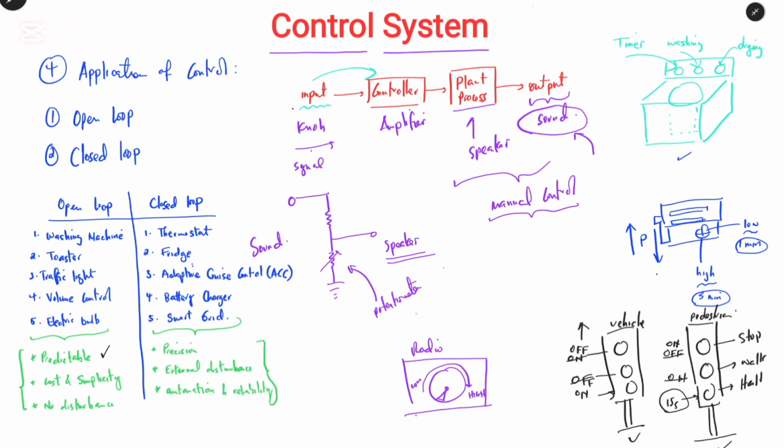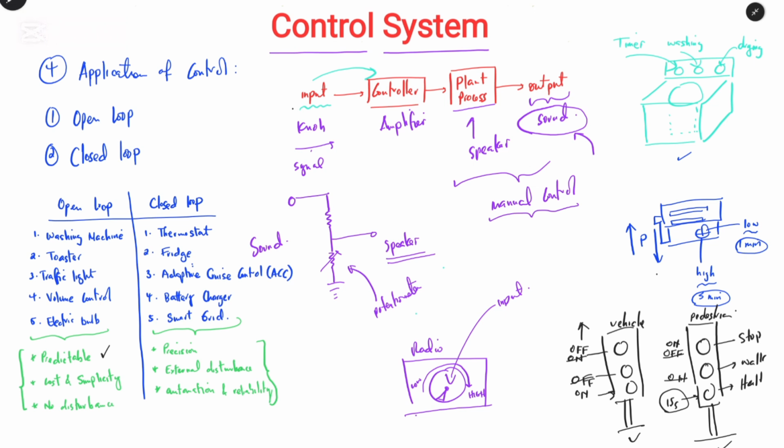But when we deal with manual control, we normally listen. When the sound is high or low, we normally make an adjustment as the input from this particular knob. So I think this is also a clear example for you to understand the type of application in which an open loop control system is used.